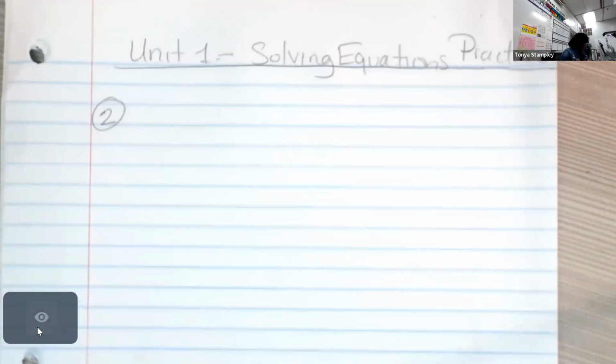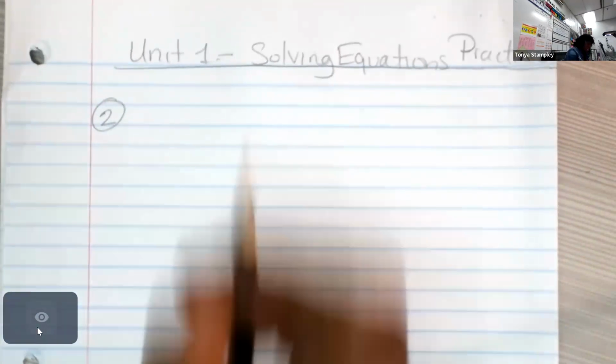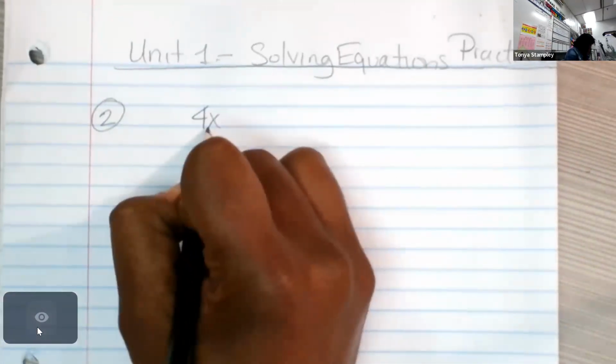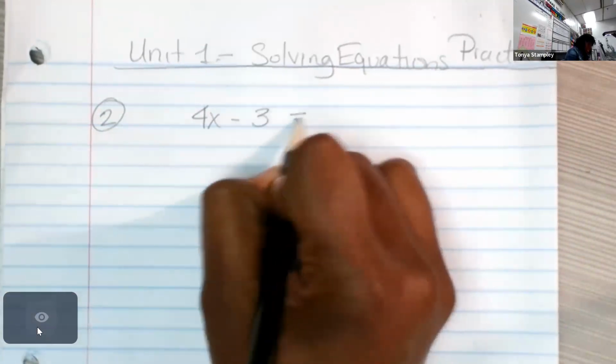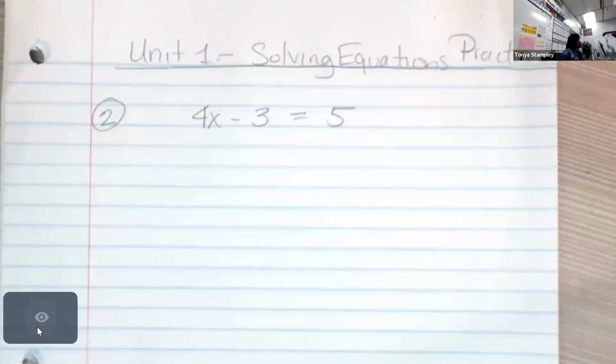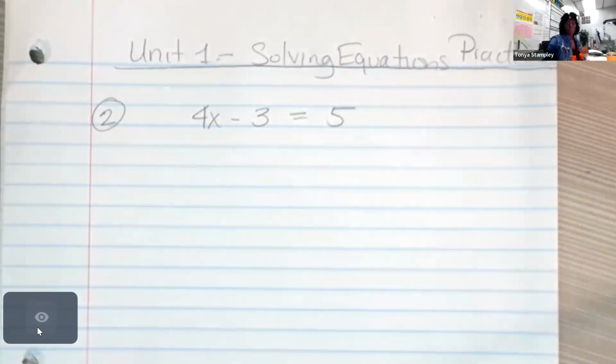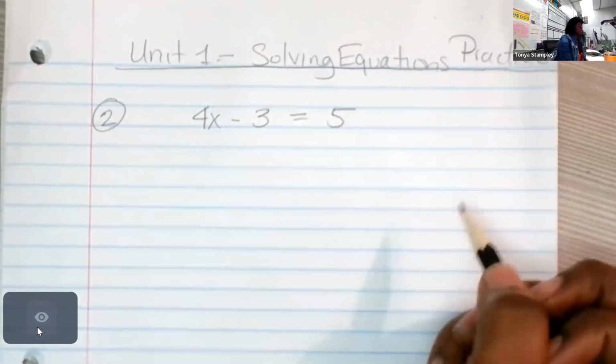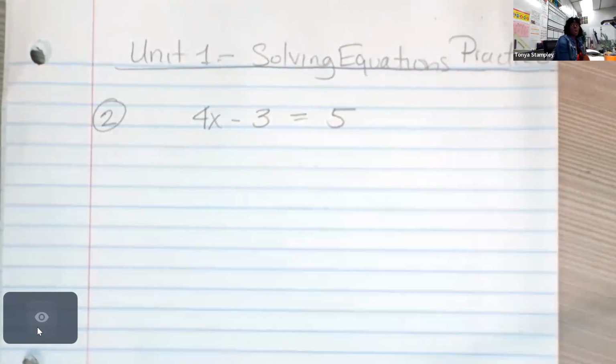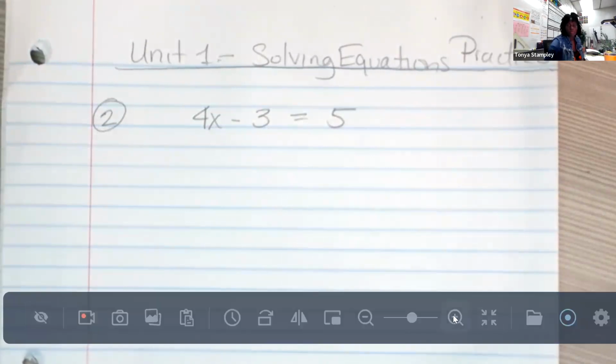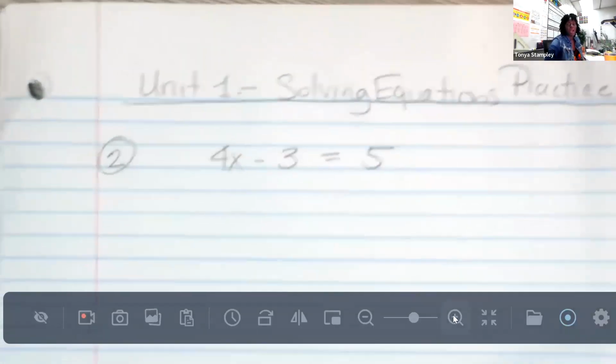All right, number 2. It is 4x minus 3 equals 5. All right, what is always our goal, people? To get x by itself.